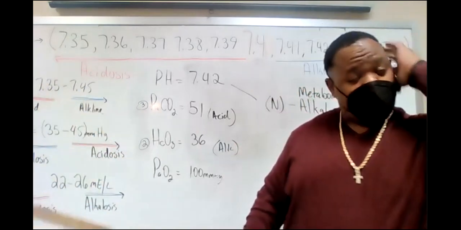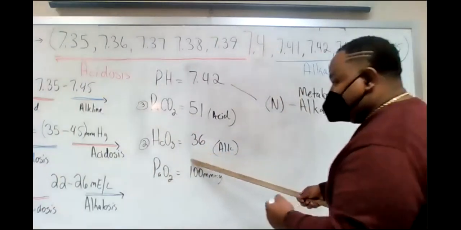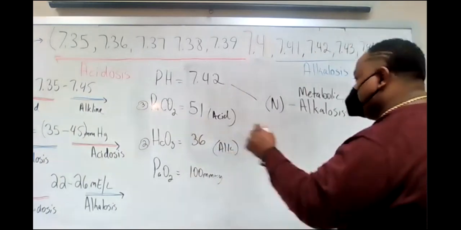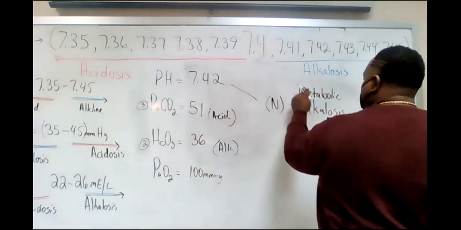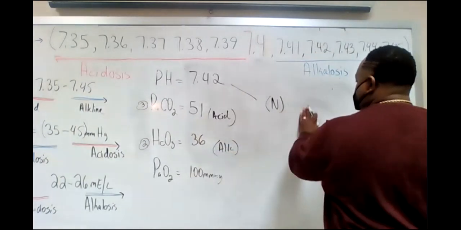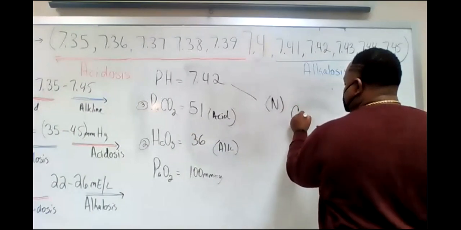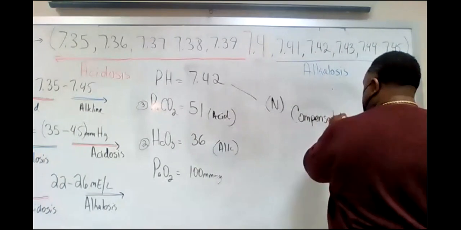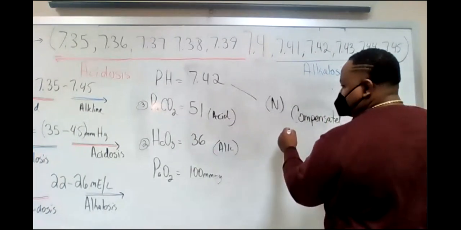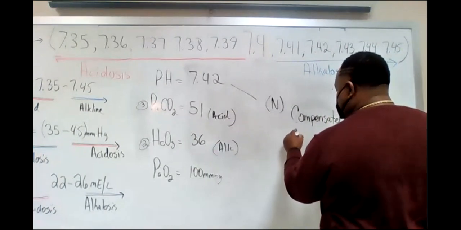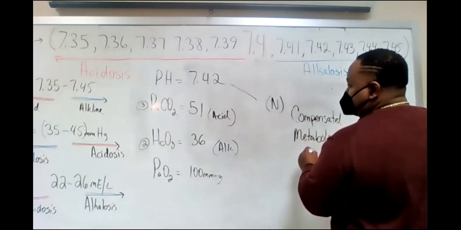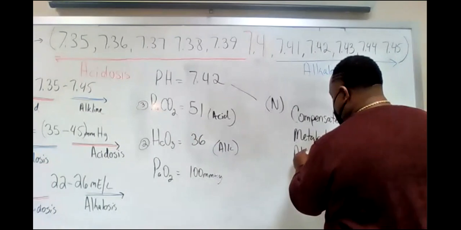Okay. All right. So the third player is not in normal range, right? 51, that's not normal range. So we do have compensation. So let me scoot it down. We have a compensated metabolic alkalosis.